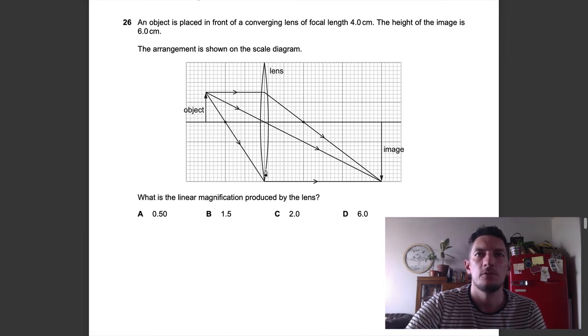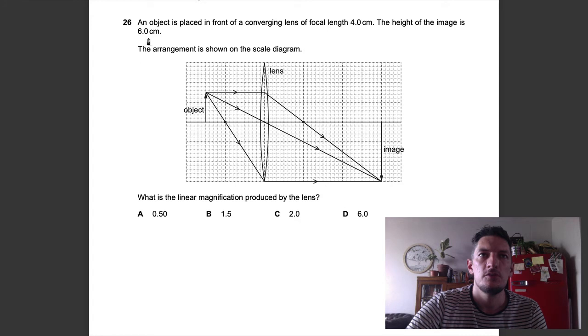Objects placed in front of a converging lens are of focal length 4 centimeters. The height of the image is 6 centimeters. Okay. What's the magnification formed? Now, this is actually real easy.